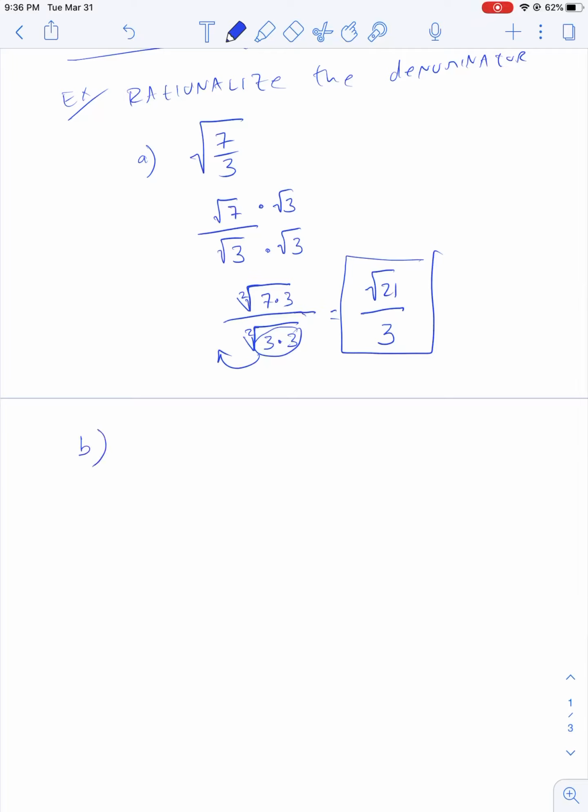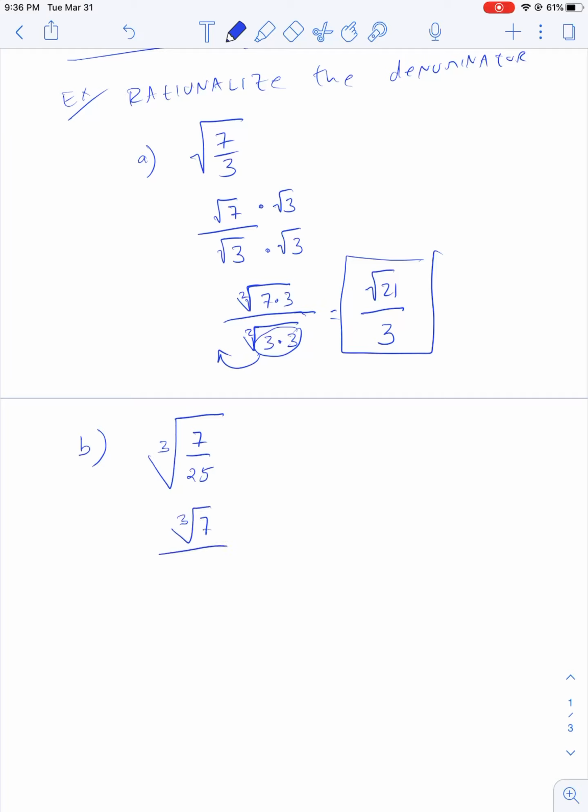Okay, example B. How about the third root of 7 over 25? So let's once again write it as two of them.